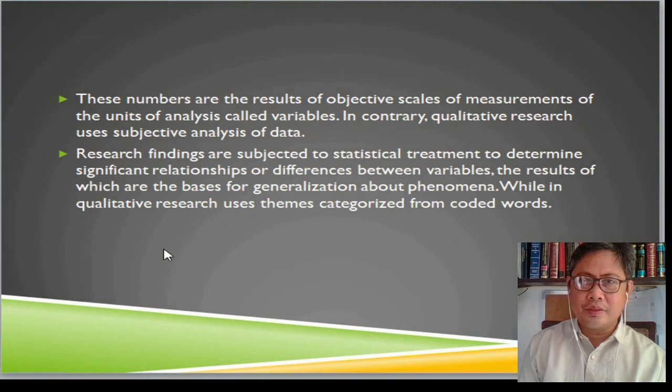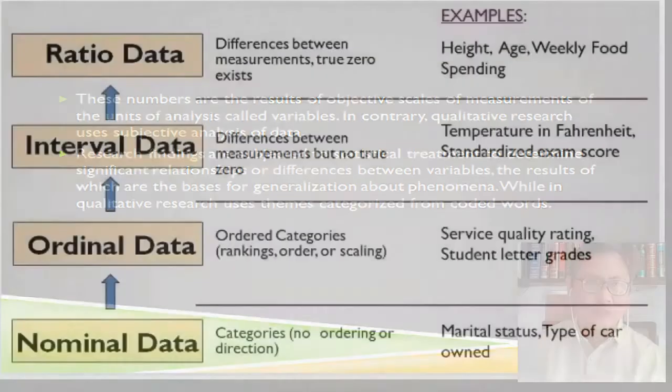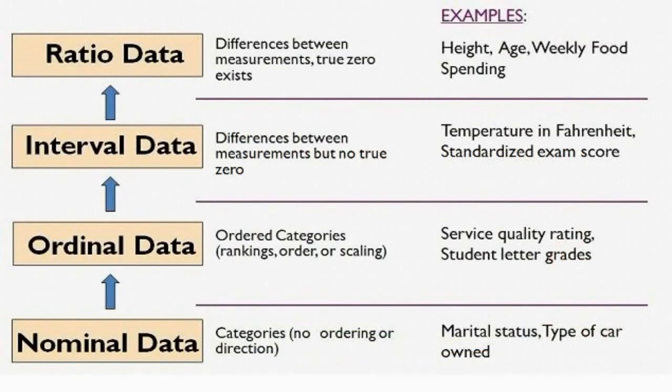So these numbers are the results of objective scales of measurement of the unit of analysis called variables. In contrast, qualitative research uses subjective analysis of data. This is one example of your scales of measurement. There are four levels of scales of measurement: the nominal data, the lowest level, ordinal data, interval data, and ratio data.